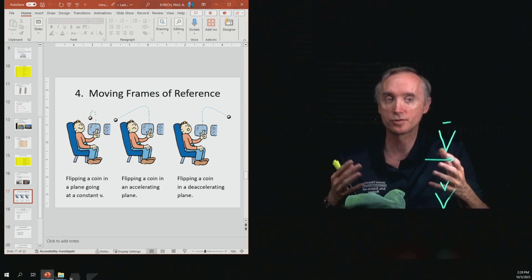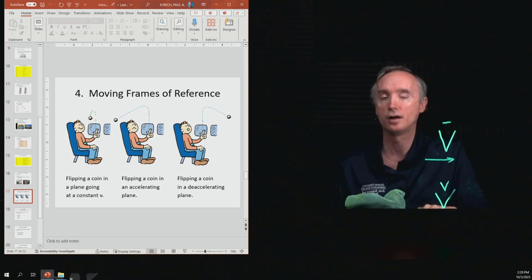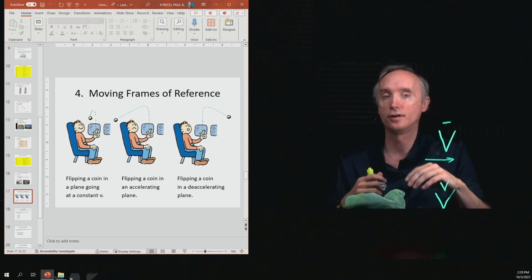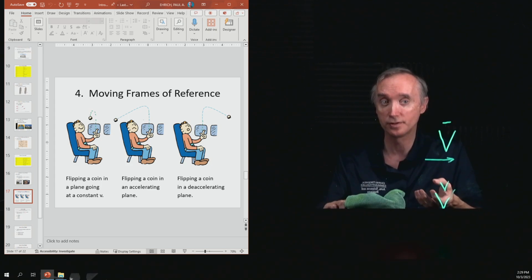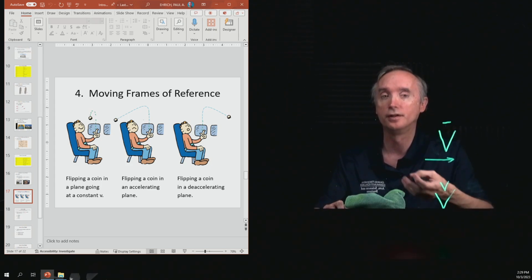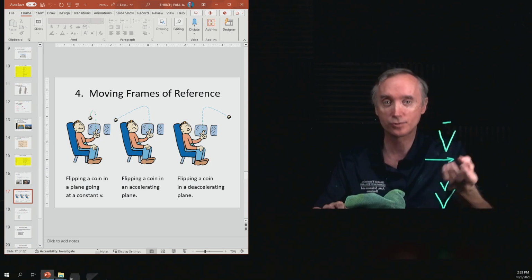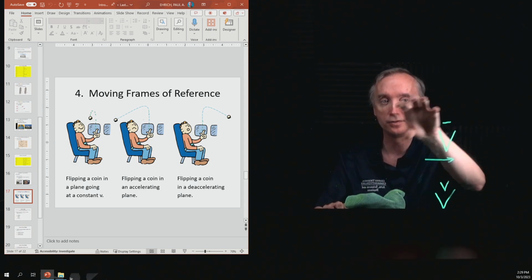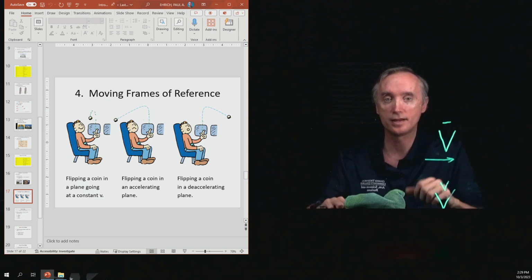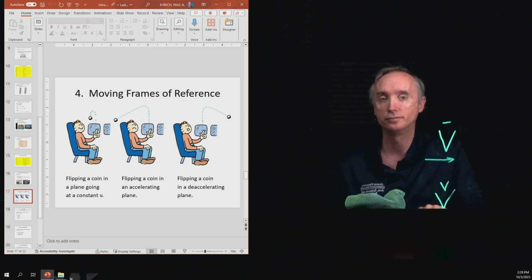Subsequently he came up with his theory of general relativity as a result of that. He found that forces would look different in an accelerating frame of reference, speeds would be different, time would be different, mass would be different, and so he came up with formulas that connect the two frames of reference. That's the general theory of relativity, which we'll look at a little bit later in the course.